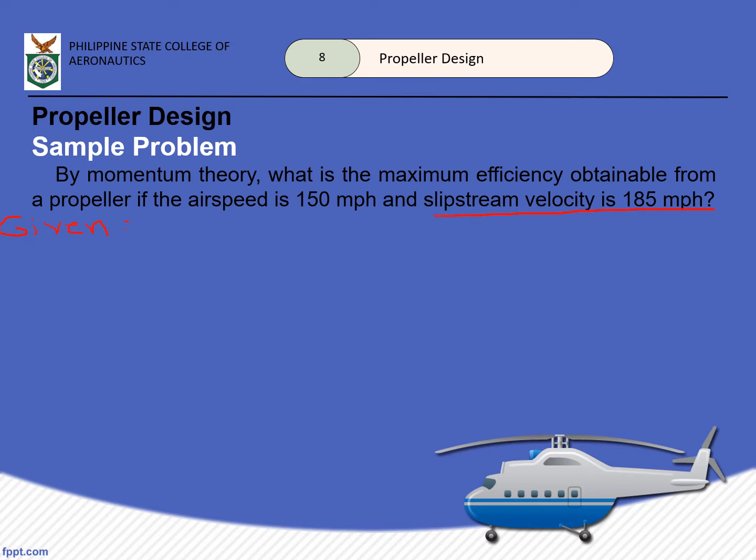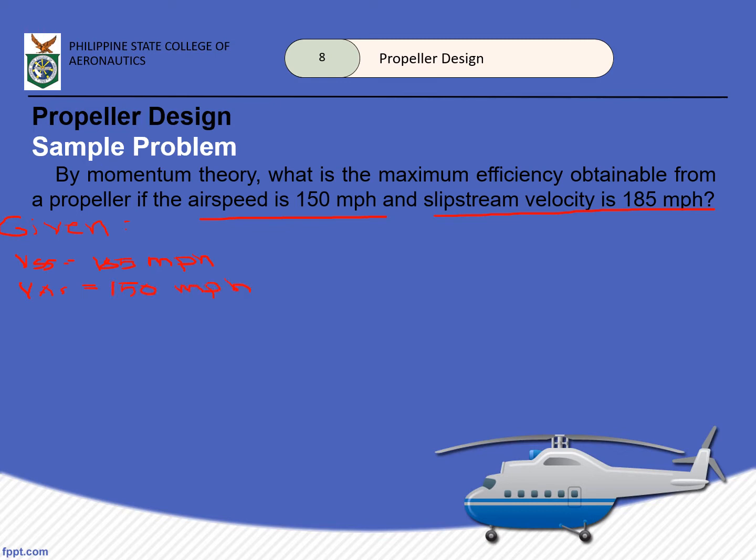slipstream velocity, which is 185 miles per hour. So, V slipstream is 185 miles per hour. Tapos, sunod is yung airspeed, which is 150 miles per hour.